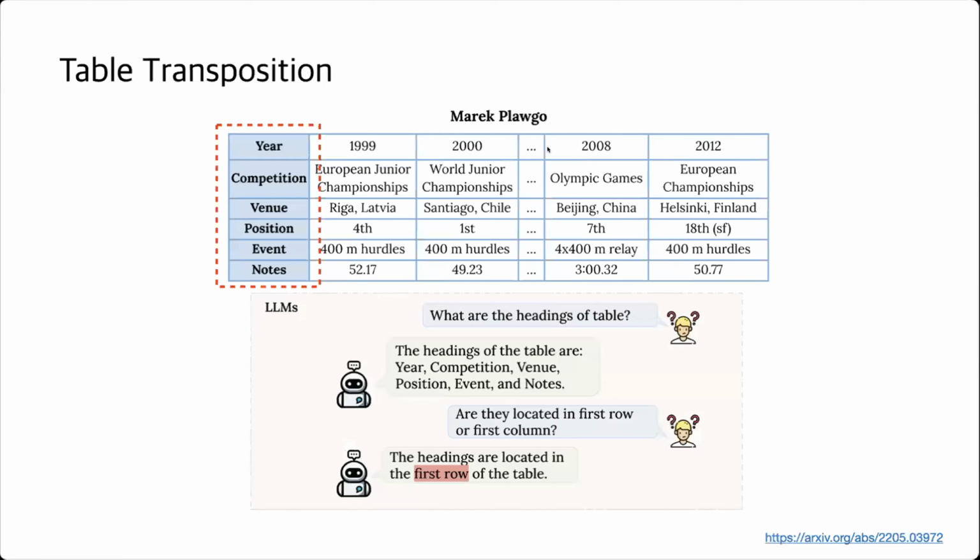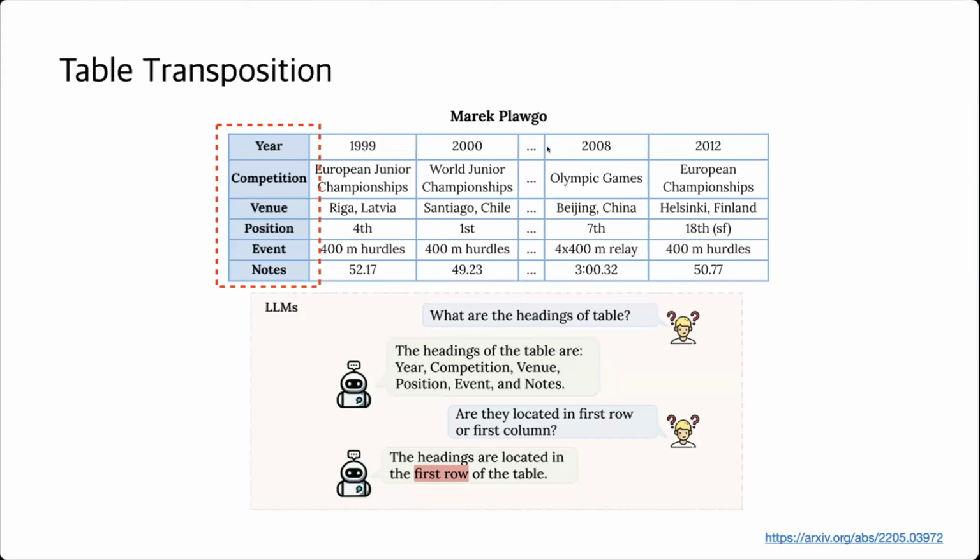First, I'd like to talk about table transposition. Table transposition can help us understand how large language models understand tables. For humans, whether a table is transposed or not does not significantly impact our ability to understand it, because transposition only changes the structure instead of the content.